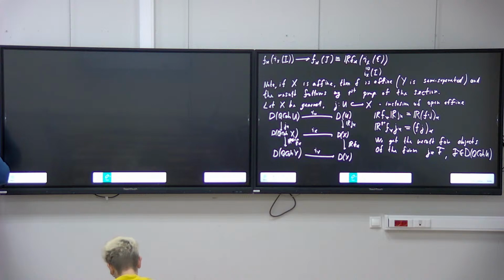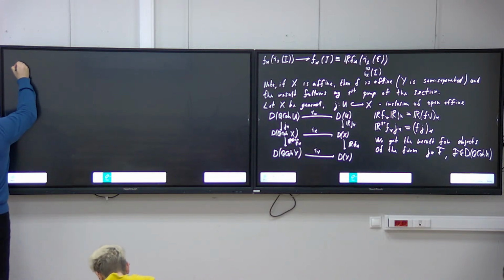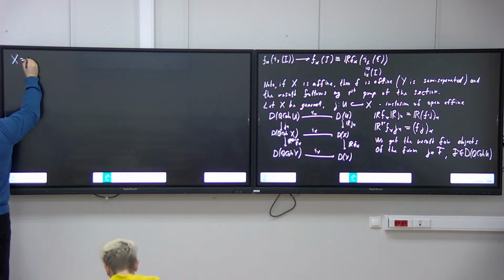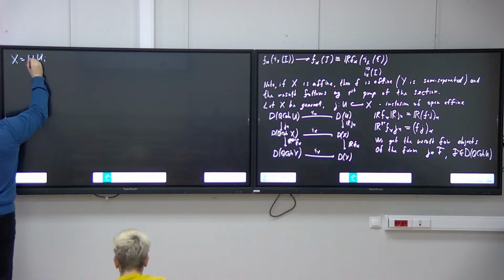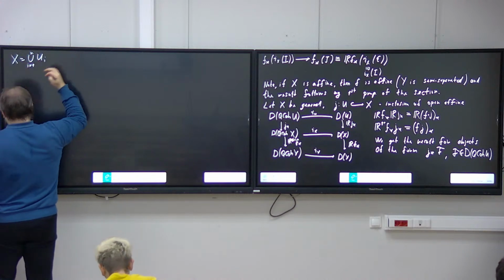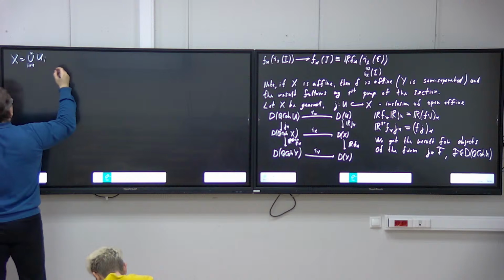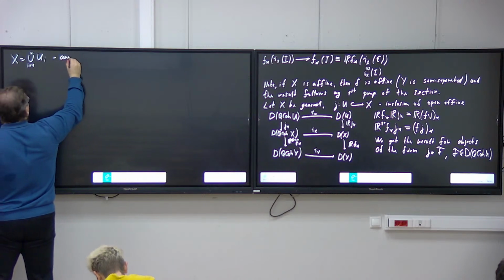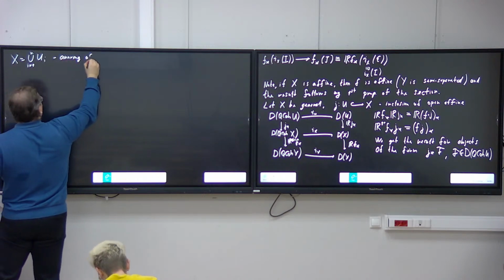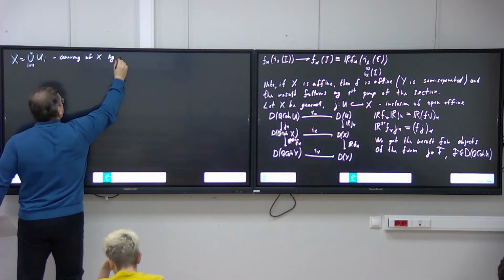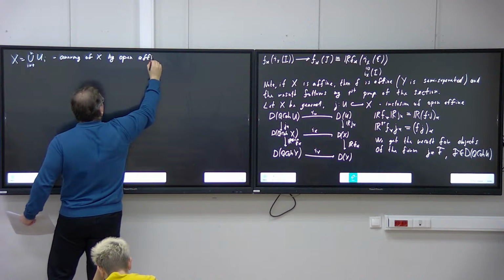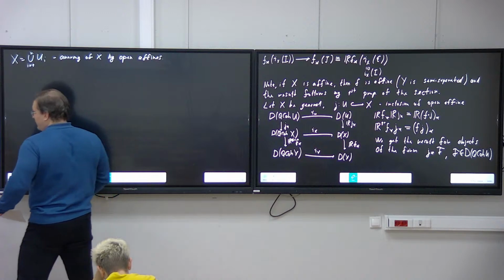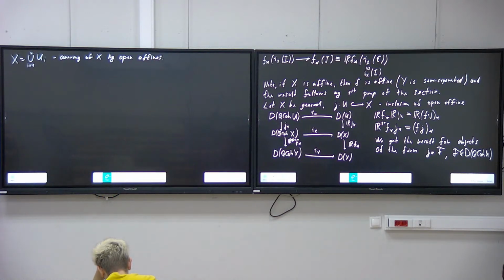Since I know that X is quasi-compact, I can write X as a finite union of U_i, so this is a covering of X by open affines. It is finite since we have a quasi-compact scheme.